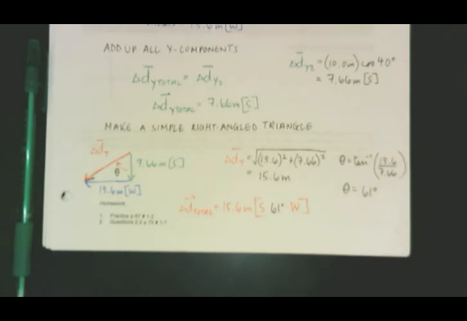So this method's tedious, but remember the steps. Break each vector into x and y components. Add up all the x's. Add up all the y's. Then make a simple right-angled triangle and use the Pythagorean theorem to solve for your final answer. There are a few homework questions for you to practice this technique. Make sure you do these.